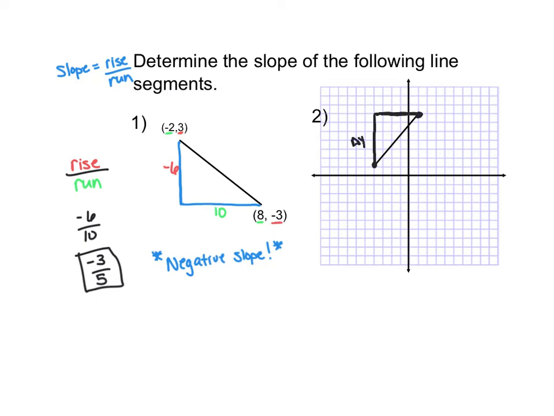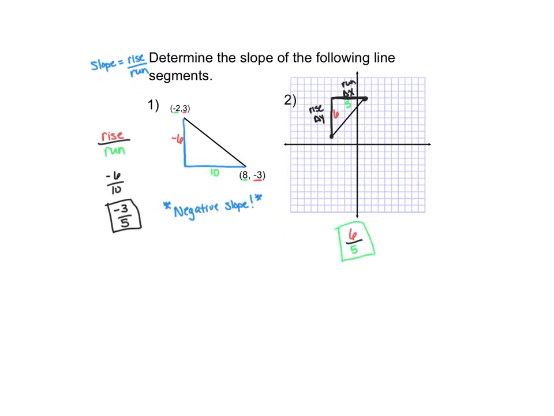Then I just need to count what my rise and run are, or my change in y, change in x. As I count this, I notice it goes up 6, and it looks like it goes over 5. So my rise over run in this case would be positive because it's increasing from left to right. And it would be a positive 6/5.